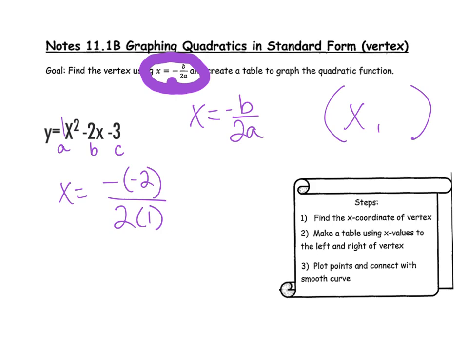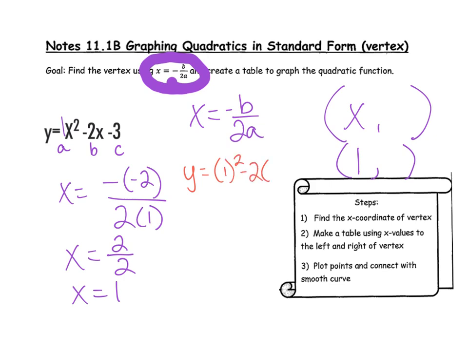So what is my x? What was the math? Which equaled what? 1. So I have now found the first number in my ordered pair. How would I find my y? You put it in the equation. Plug it in. Let's do red. Let's get some color here. What do you guys think? y equals 1 squared minus 2 times 1 minus 3.